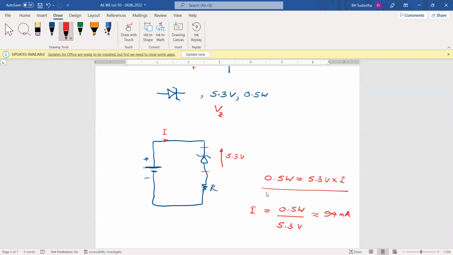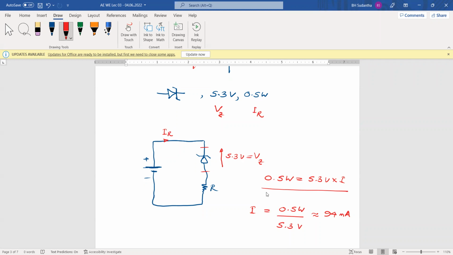Then this is the reverse current, and this is VZ. The reason we say it is reverse current is that we have applied the reverse bias voltage to the Zener diode.